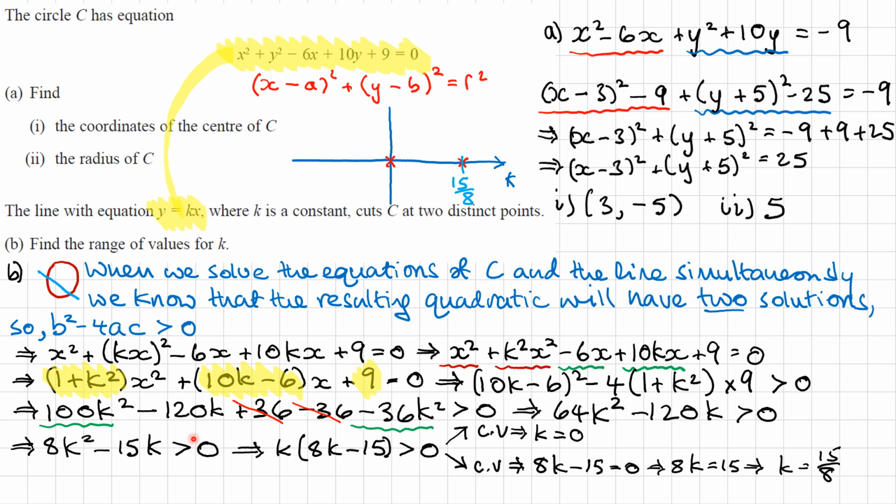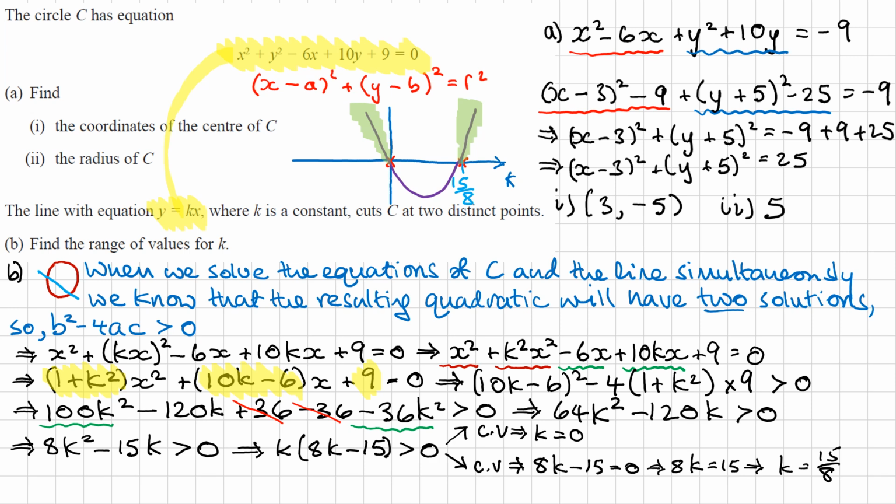The quadratic I'll get in terms of k is going to be a u-shaped quadratic because the coefficient of the k squared is positive. Let's draw a u-shaped quadratic like this. I'm interested in when it's greater than 0, so that's going to be these points here above the k-axis. So let me just shade those in. I want this bit here and this bit here.